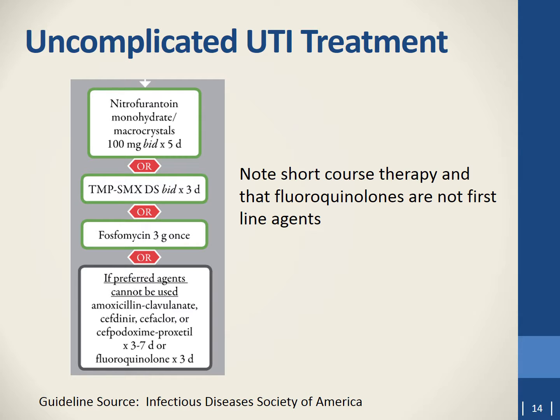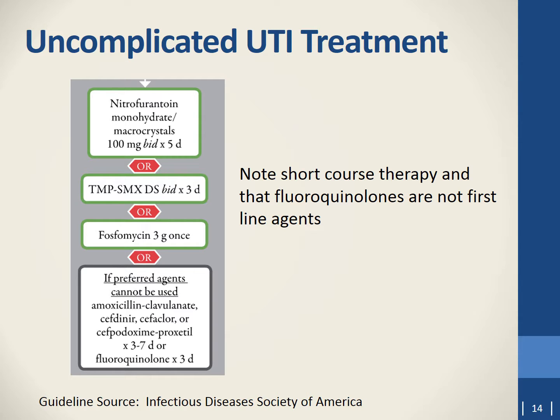One would be nitrofurantoin for a 5-day course, and if you recall from our discussion of nitrofurantoin in our antibiotic review lecture, there are some patients that we have to use caution with it, primarily patients who have reduced renal function, creatinine clearance of less than 50, because then that drug doesn't get great delivery to the lower urinary tract and it doesn't get good enough concentrations.